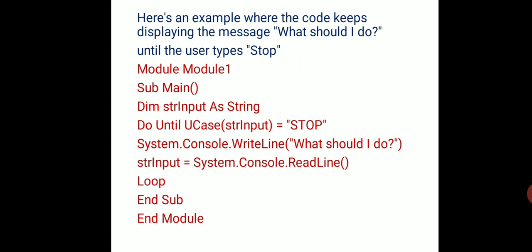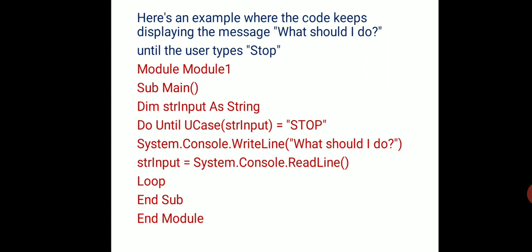So it will do the following statements. Which one? It will print "What should I do?" until the user inputs stop. What is that UCase(strInput)? Whatever the user inputs, it will convert it to uppercase.